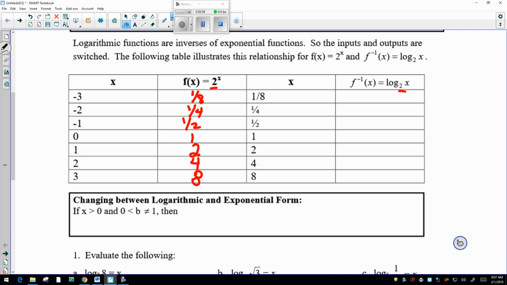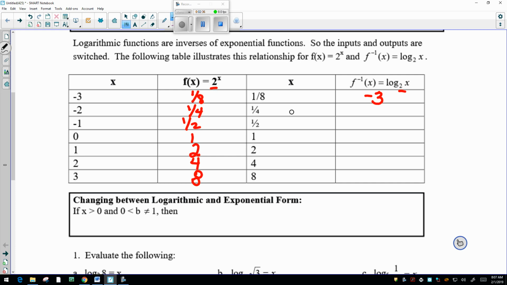Meaning, if I know my x value is going to be 1/8, then my y value, my output, should be the reverse of what we saw for our exponential function 2 to the x. So if we were to plug this in, and again, we could grab our calculators, our Inspires, and plug this in, I would in fact get a -3.